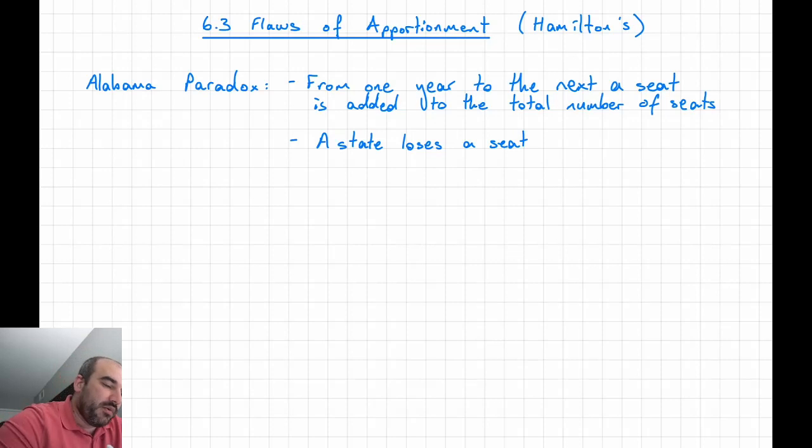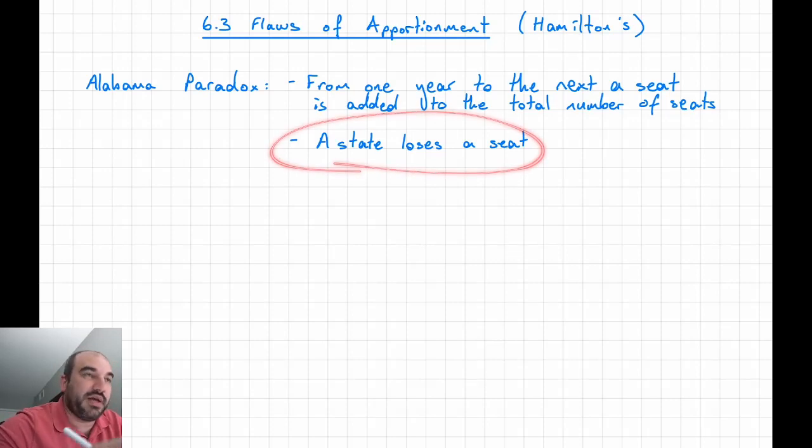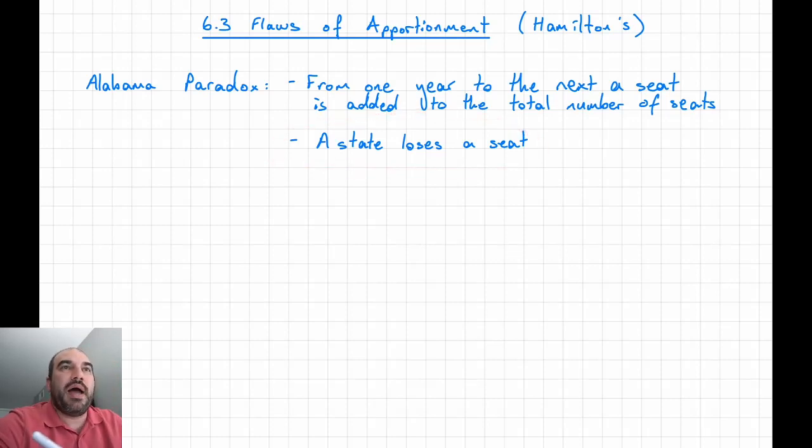You can hopefully understand why that's an issue, because adding a seat to the total number of seats should just increase one of the state's seats by one, and it shouldn't really affect anyone else. No one should be losing a seat in that situation. So if there's a loss of a seat as a result of adding a single seat to the total number of seats, that's what is called the Alabama paradox.